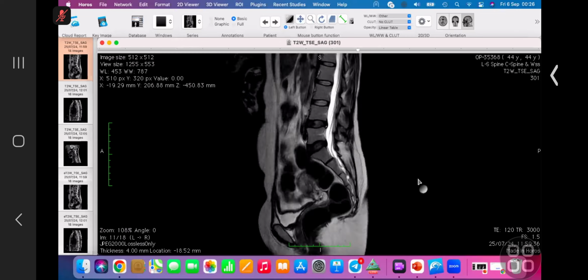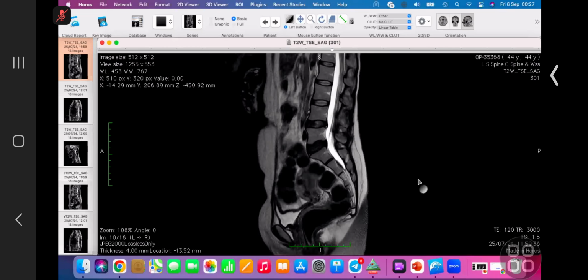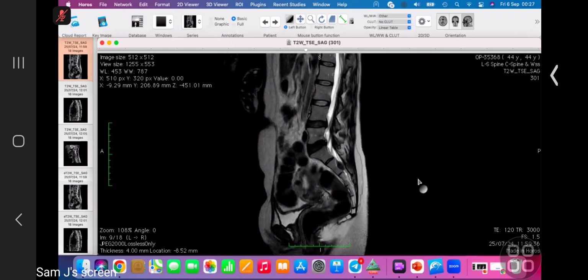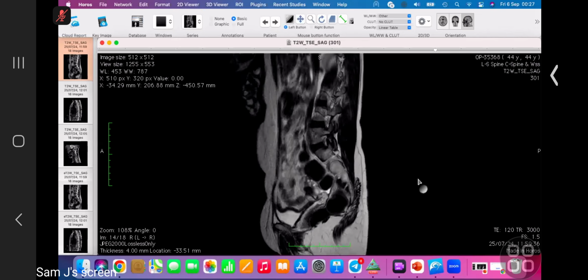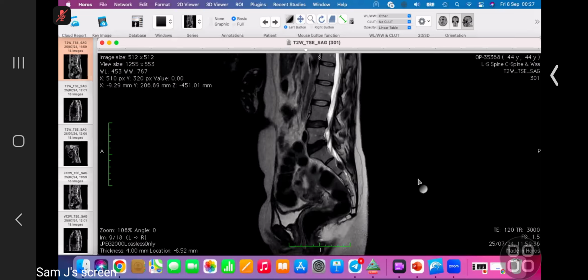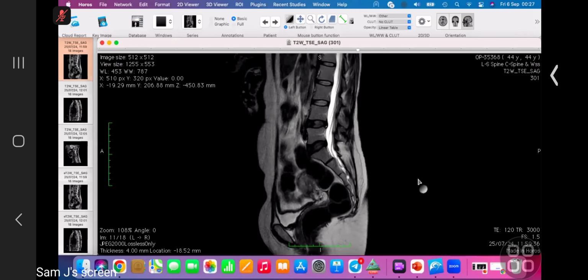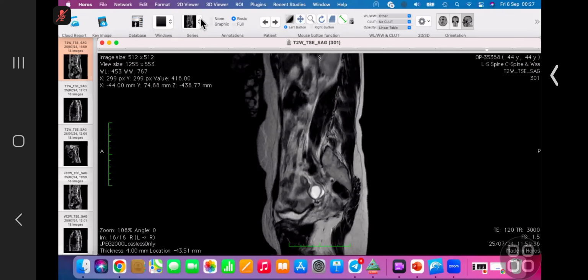However, this mass lesion does not cause tethering of the terminal nerves at the same level. Also, I cannot see any changes of the back wall soft tissue. There is no evidence of spina bifida or meningocele. In my routine practice, I also want to review the axial images and the other sequences.